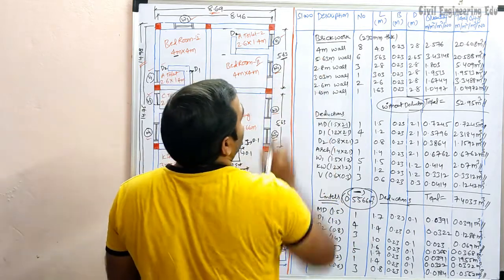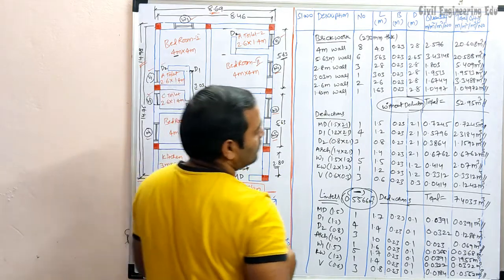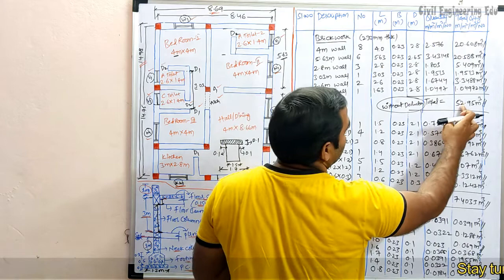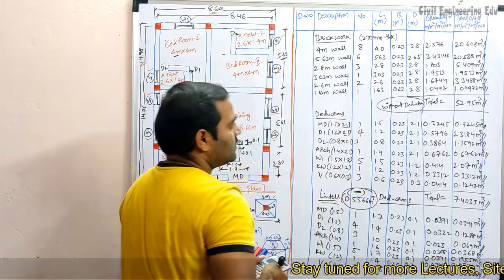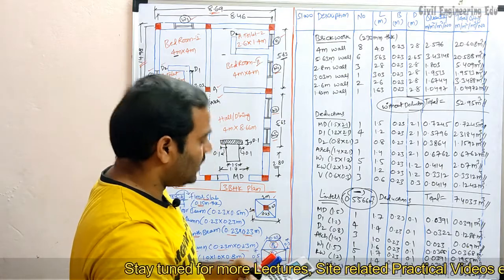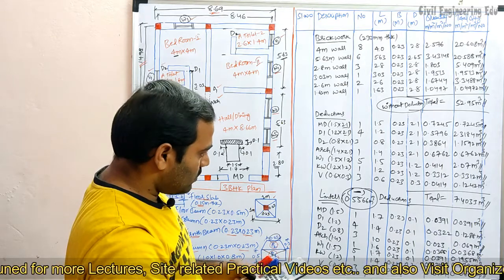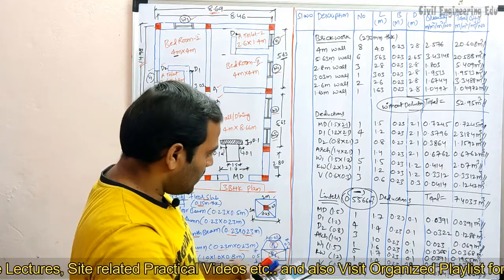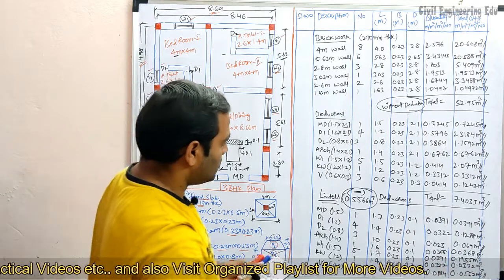To get the total quantity of brickwork after deduction, so what we have to do? This one minus this lintels. So 52.95 minus 7.4033 minus 0.5566.